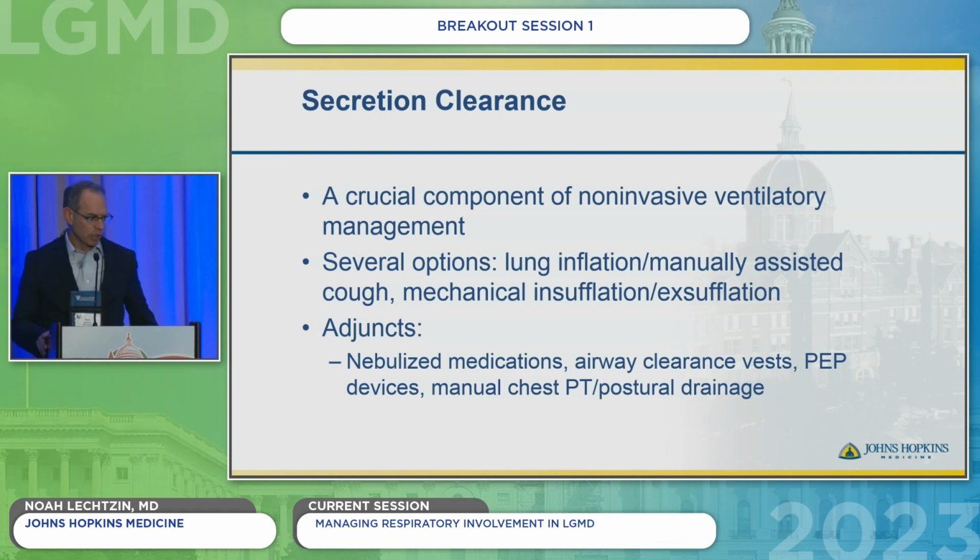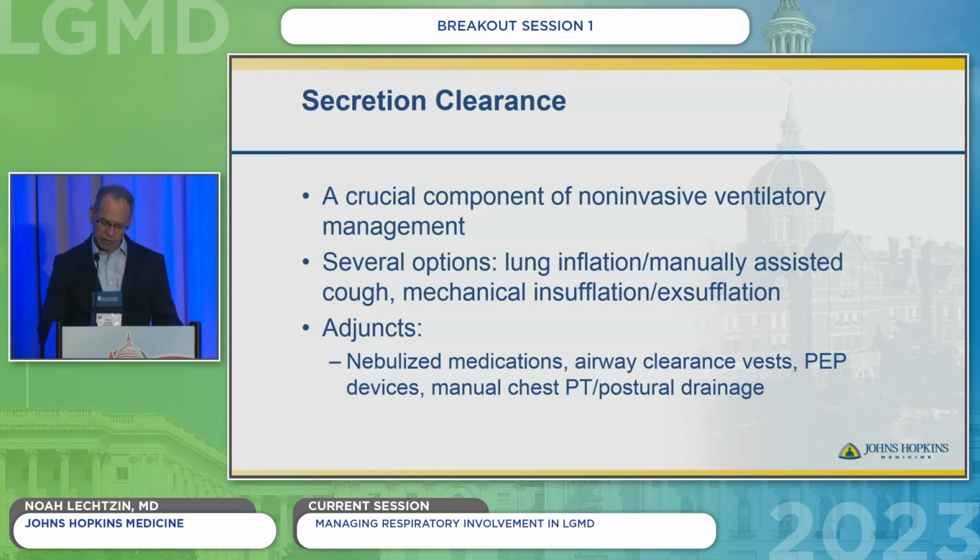And then the last thing I'm going to talk about, secretion clearance. Very important and something that shouldn't be overlooked is coming up with techniques for if you have a weak cough and can't clear secretions; there are ways to manage that. Several different things that we can do. One is what we call lung inflation and manually assisted cough. People will sometimes use a manual resuscitation bag, an ambu bag, where you put a mask over the patient's mouth or give them a mouthpiece and squeeze it and fill up their lungs, and then use manual techniques to force a cough out.